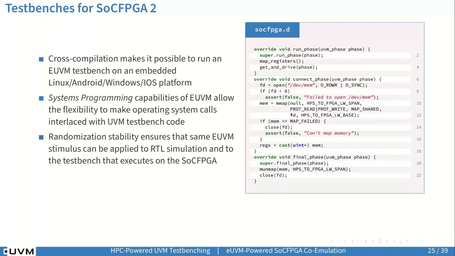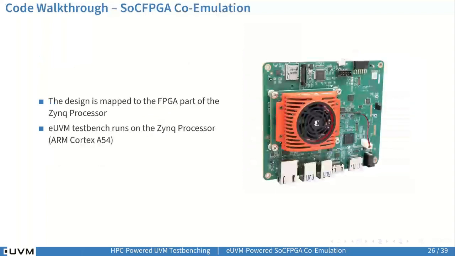So your embedded system in this case is running Linux. We have an UltraScale Zynq board, and we will be running the testbench on the processor, and the design will be loaded on the FPGA of the same chip.